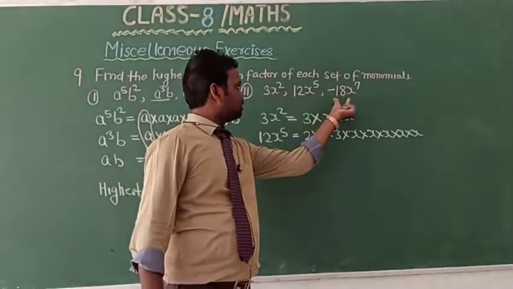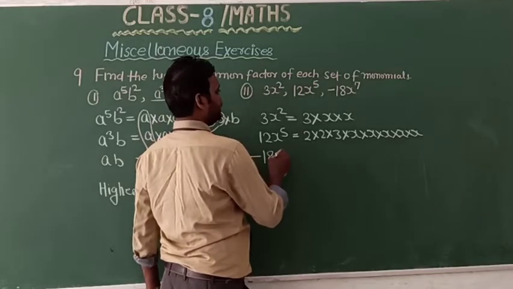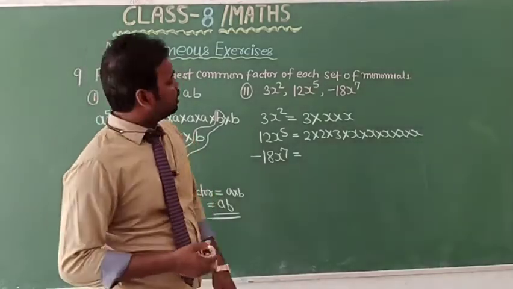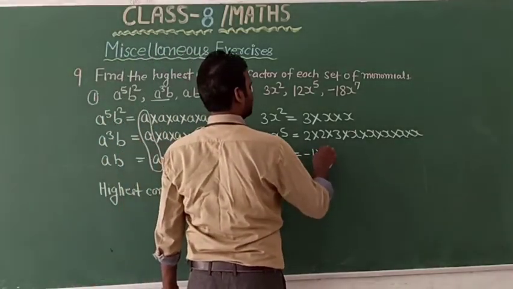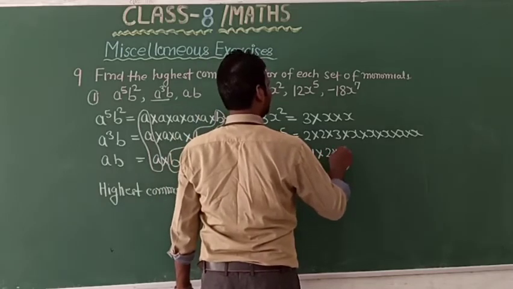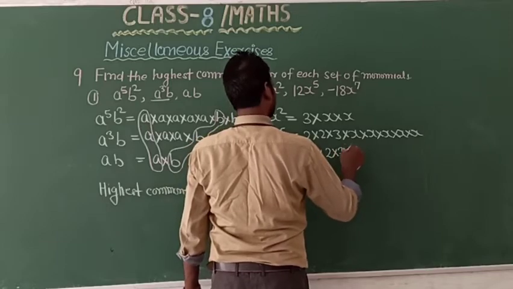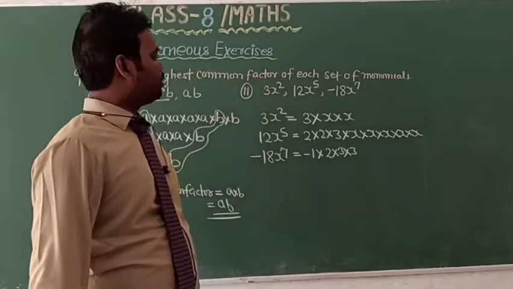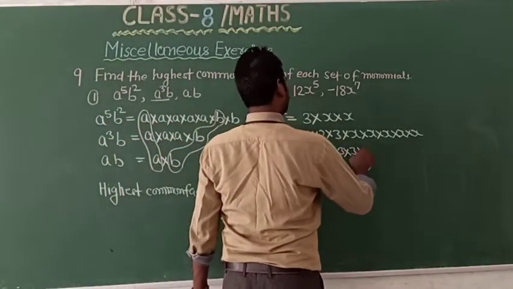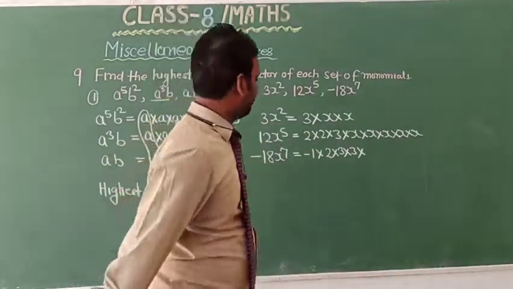And the third monomial is minus 18 x to the power 7. So minus 18 is written as the product of minus 1 into 2 into 3 into 3, and x to the power 7 is the product of x 7 times.